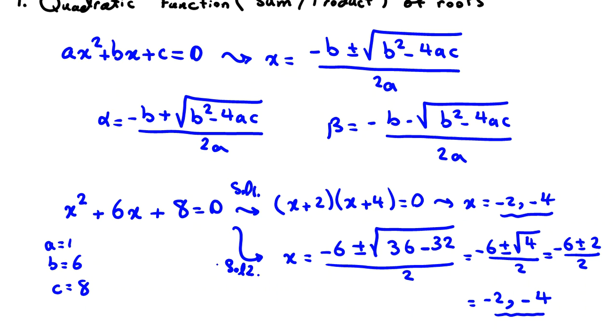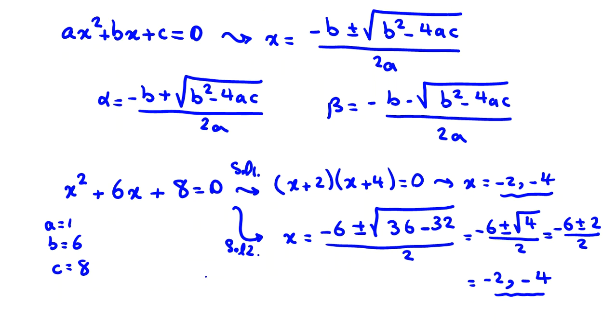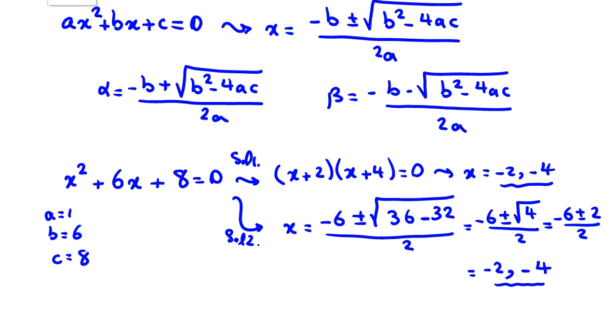Okay, now that you've learned these things, we want to focus on the sum of the roots and the product of the roots. Let me write the rest in black. If we consider alpha plus beta, we add these two roots. The plus and minus cancel, and the denominators are equal.